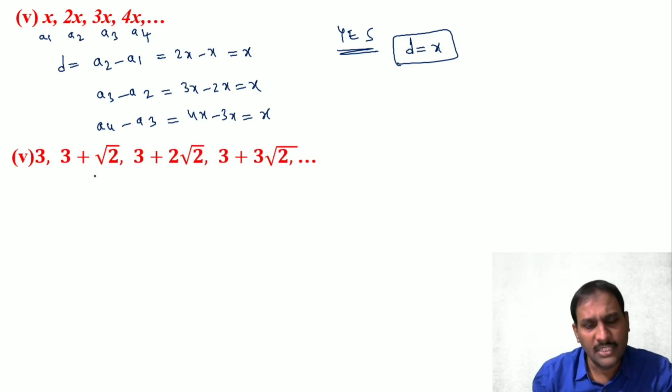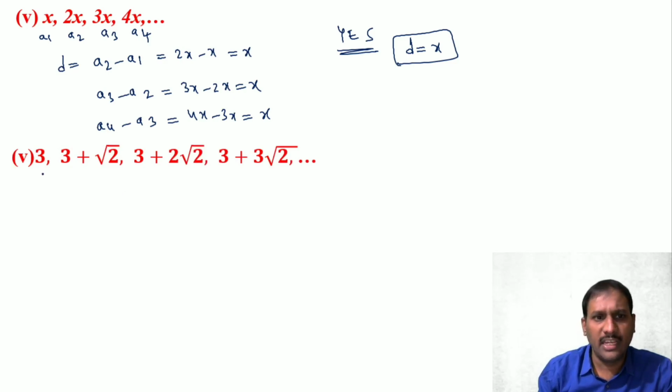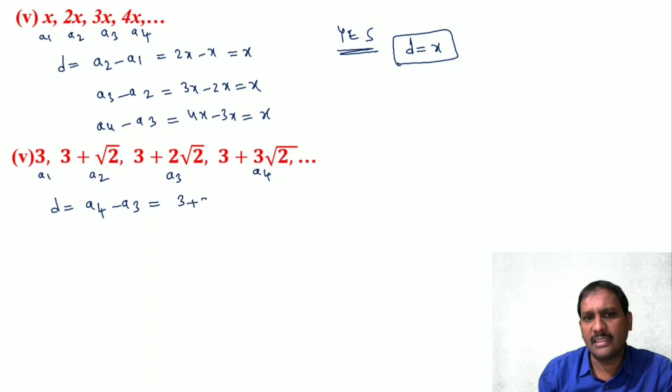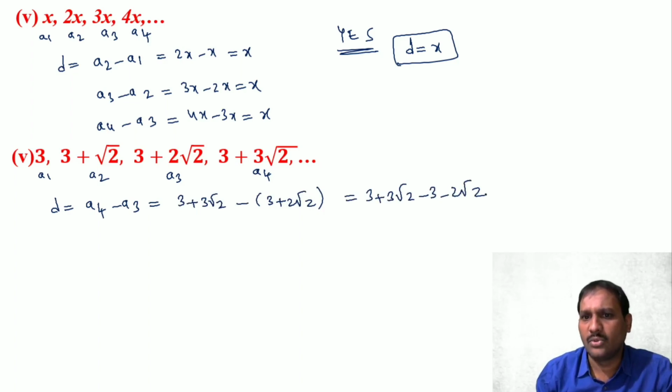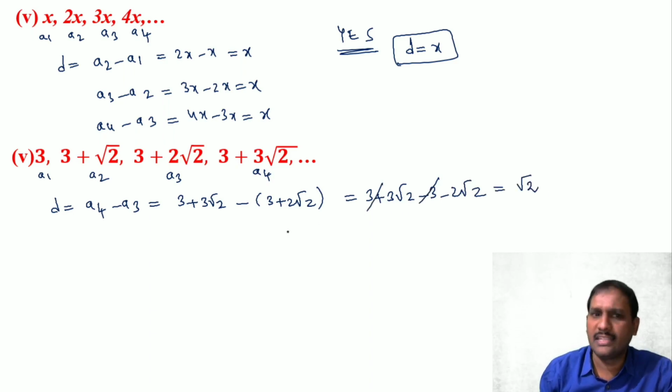Minus 3 plus root 2, 3 plus 2 root 2, 3 plus 3 root 2. So here again a1, a2, a3 and a4. So d is equal to, I am starting from a4 minus a3. 3 plus 3 root 2 minus 3 plus 2 root 2, that is 3 plus 3 root 2 minus 3 minus 2 root 2. 3 gets cancelled. 3 root 2 minus 2 root 2 is root 2.